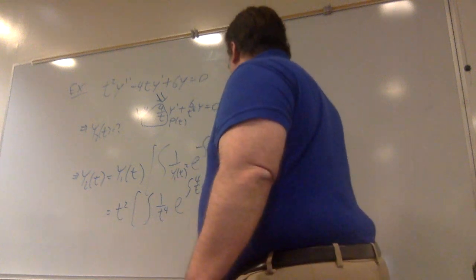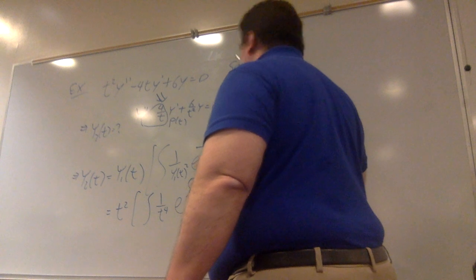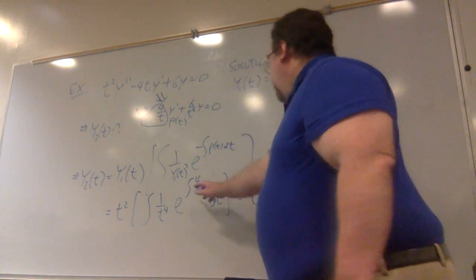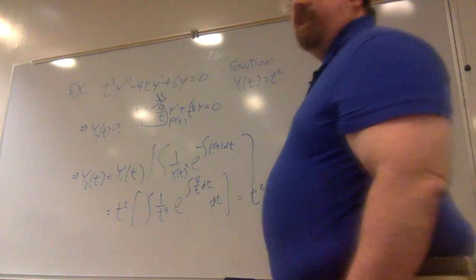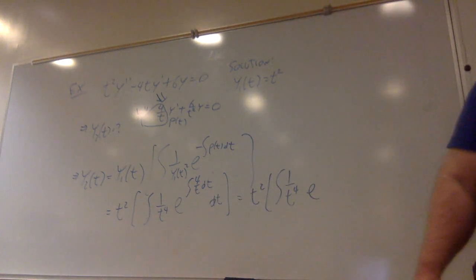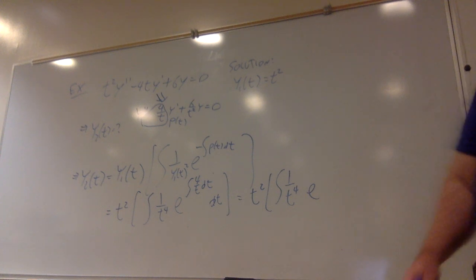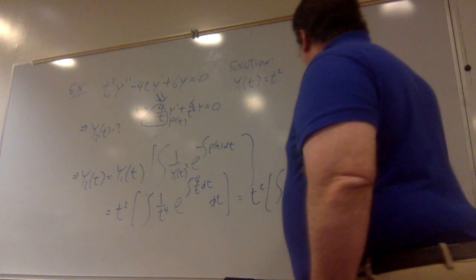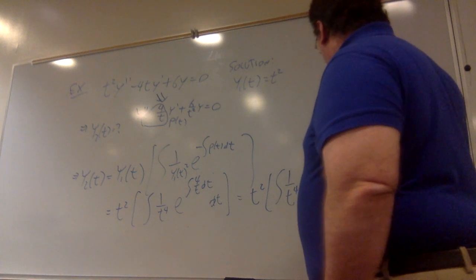So now we integrate that. The integral of 4 over t gives you 4 natural log of t, but the 4 can be moved over here.